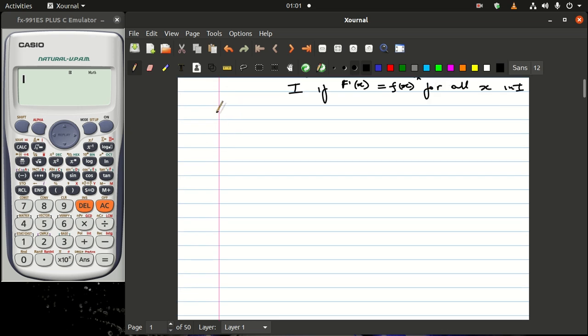And then we also have a theorem here. We don't usually ask for the proof of this theorem, but we usually use it.